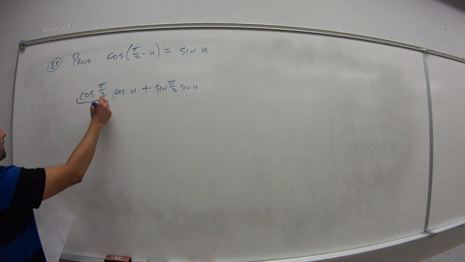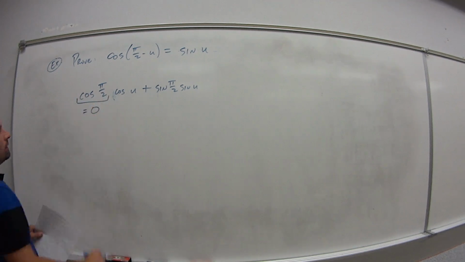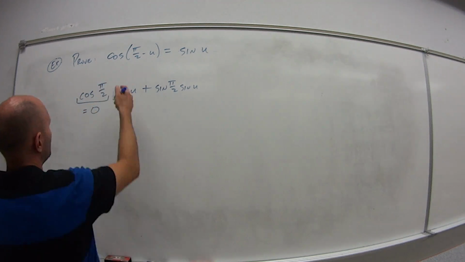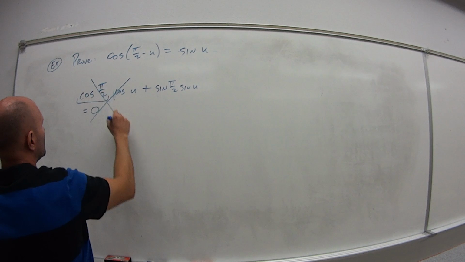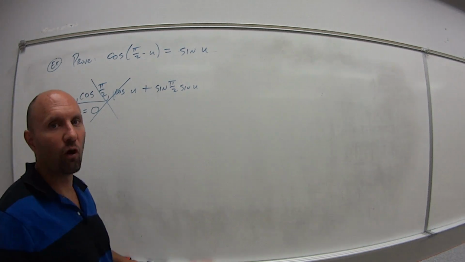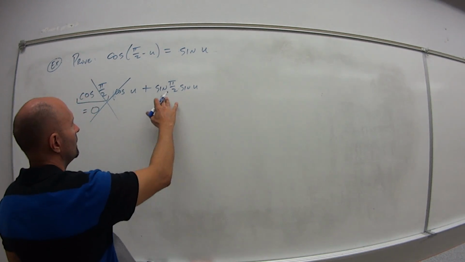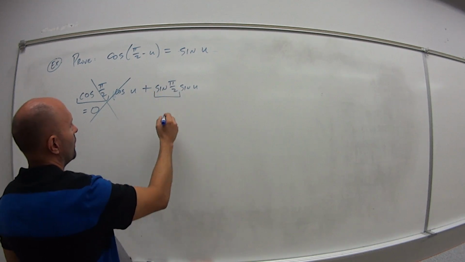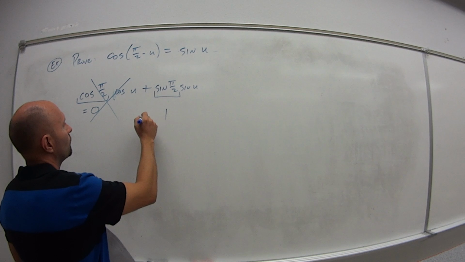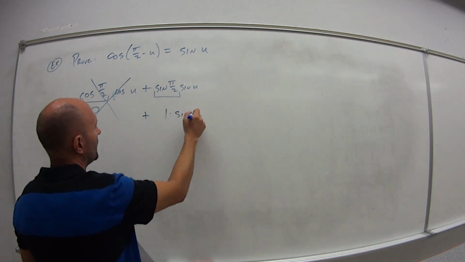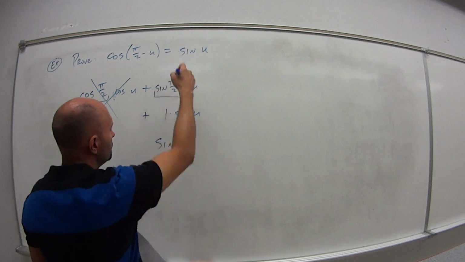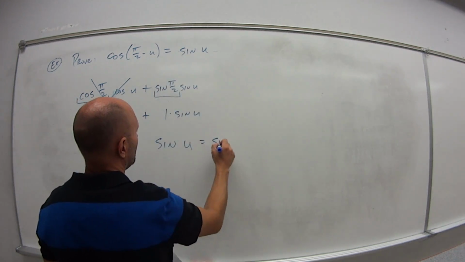So cosine of pi over 2 is equal to 0. So if this is equal to 0, what happens to this whole left piece? It's equal to 0, so it's gone. Now we have the second part. Sine of pi over 2 is equal to 1. So we get plus 1 times sine of u, which is just equal to sine of u, which is what we had on the right side.